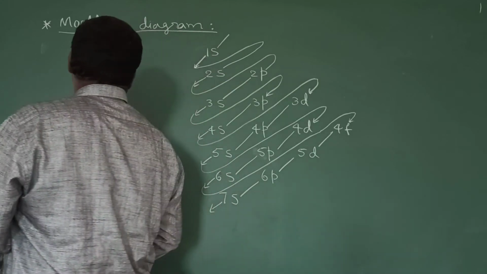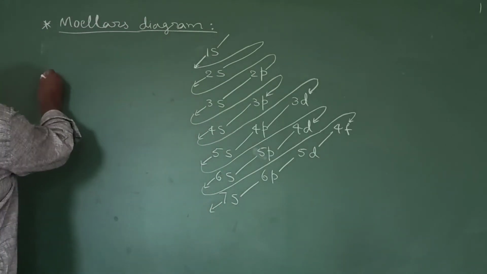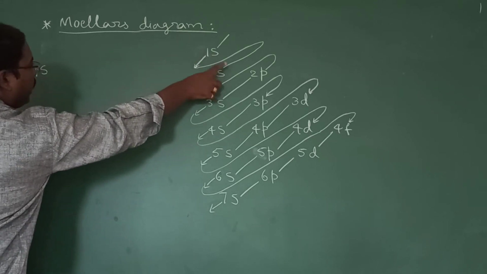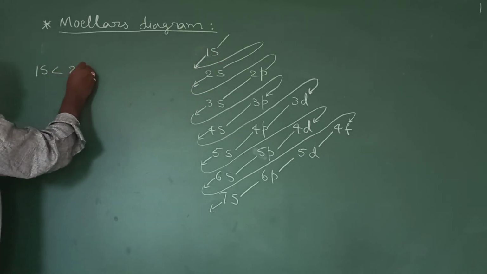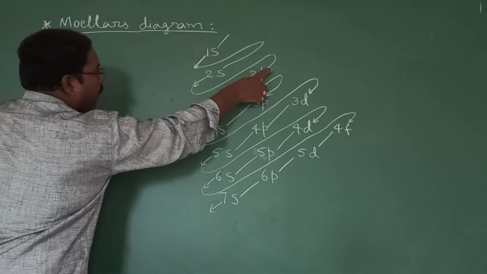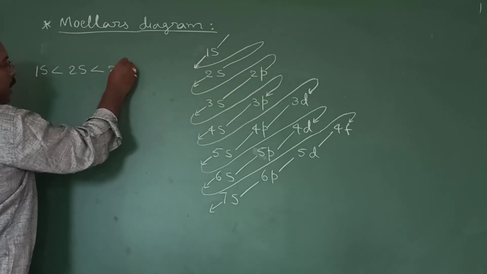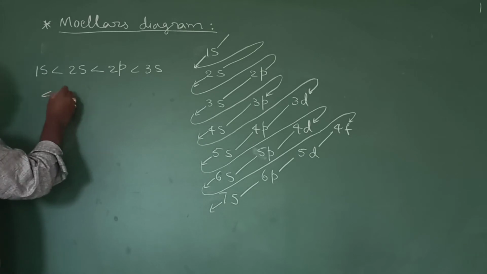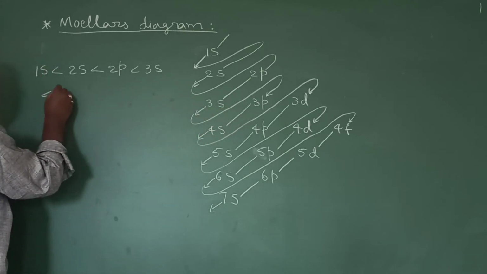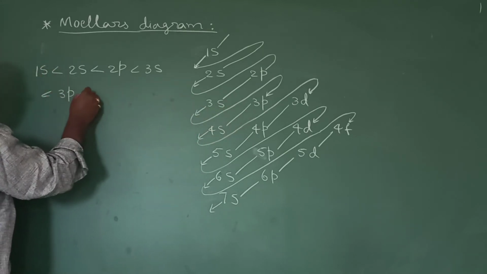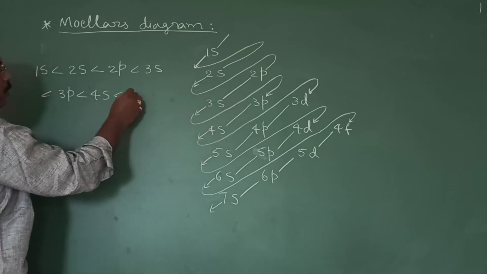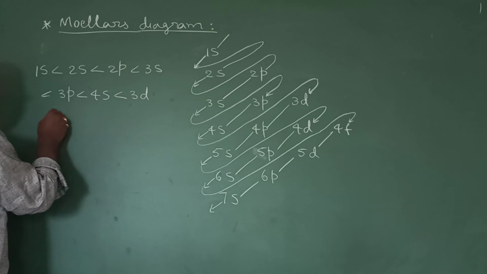So if we ask the energy of the orbitals, what order do we get? 1s. After that we get 2s. Then it goes to 2p, then 3s. Next the electron goes to 3p. Next 4s. Then it goes into 3d.